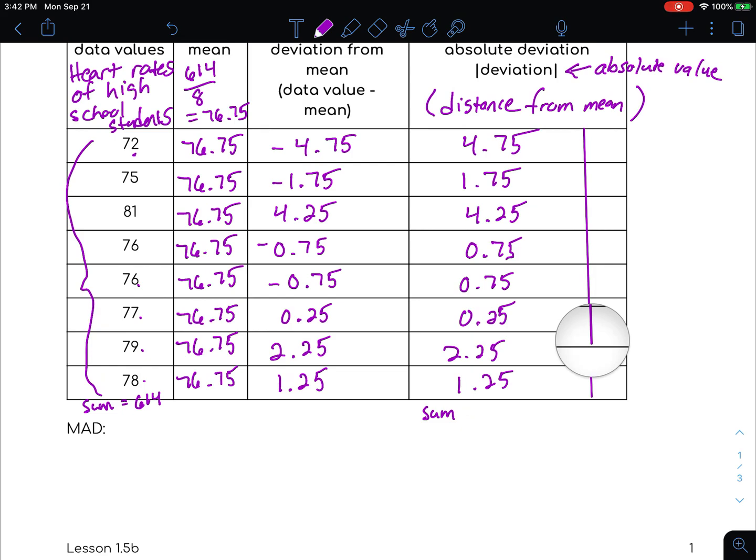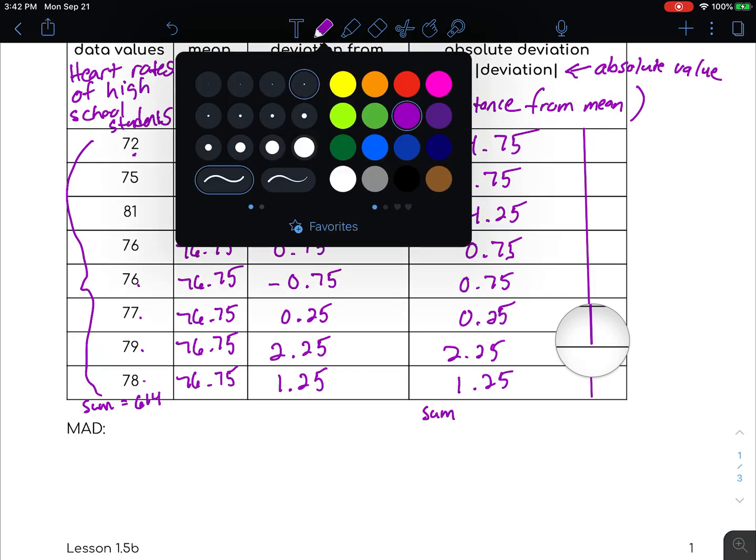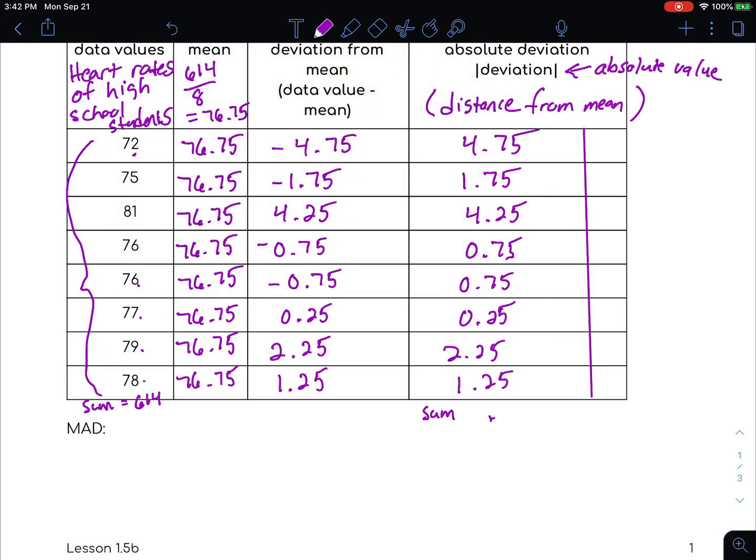Let's undo that. I didn't want a straight line. All right, well, in any case, if I add those together, I sum them up, I get a sum of 16. And once again, since there are 8 data values, let's actually do that over here.